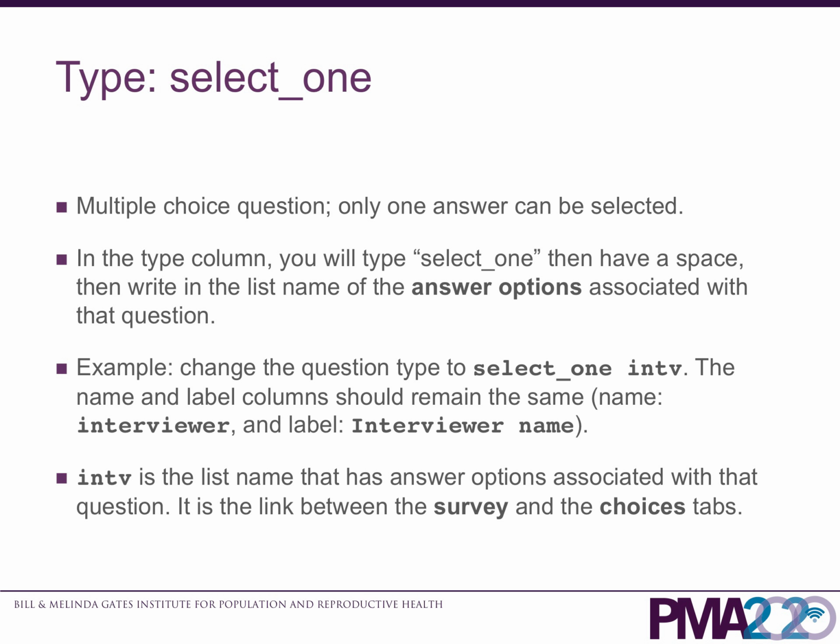So the first word is either select_one or select_multiple, and then the second word will be the list name that offers the answer options related to that question. So, for example, if you open up the Microsoft Word survey about animal health that was provided with this presentation, you will see that we have multiple options for interviewer names. Those are our list name options.